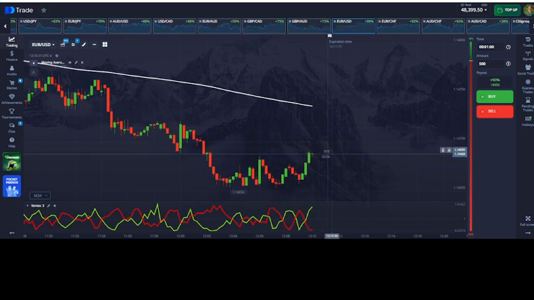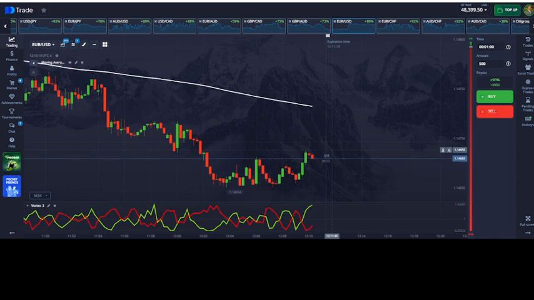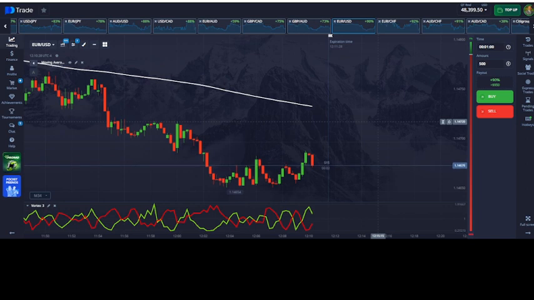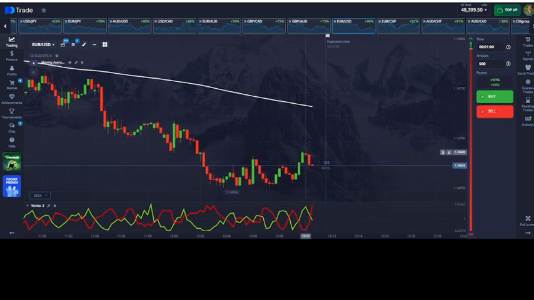Fortunately, I haven't gotten two losses in a row during this trading session, but if you do get two losses in a row, then you'd have to double up again. In other words, instead of taking a $1,000 trade and you lose it, then you'd have to take $2,000. Okay?